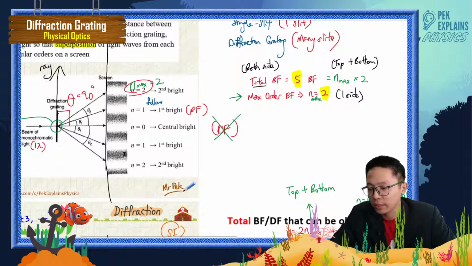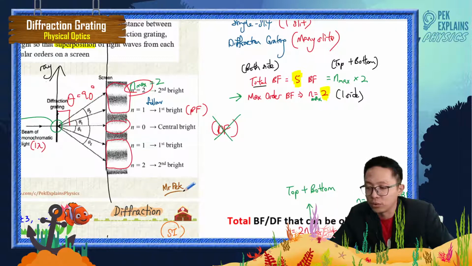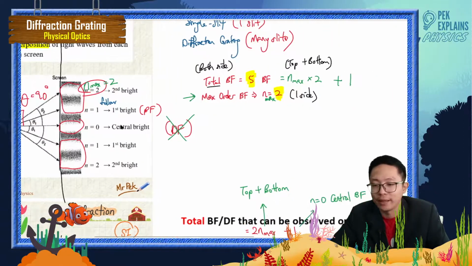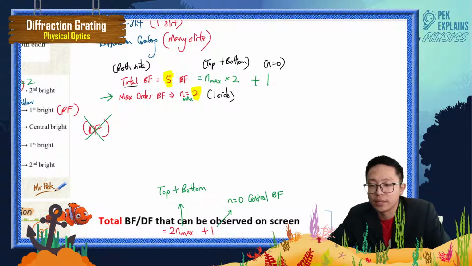1 and 2, 1 and 2, and there is still one more at the center. Don't miss it. Just now we got the top and the bottom, 2 fringes here and 2 fringes here, that's why n multiplied by 2. Don't forget we still have one more at the center, so we need to plus 1. That is the 0 order, n equal to 0, which is the central bright fringe.